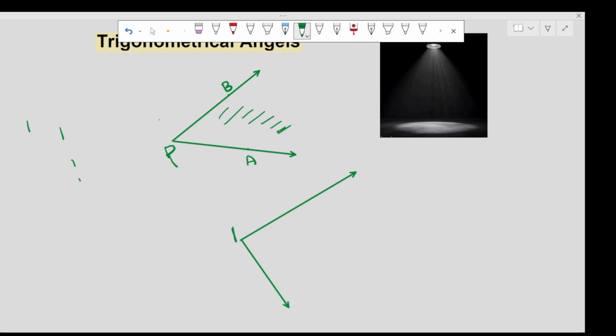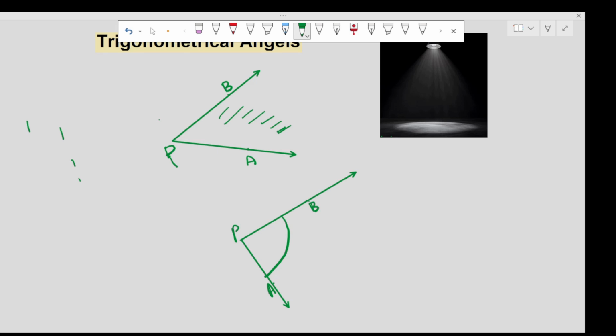Suppose we name this P, A, B. That means angle BPA.